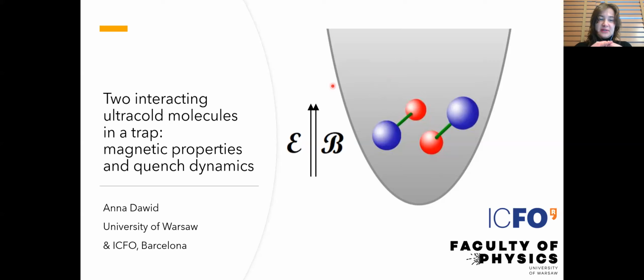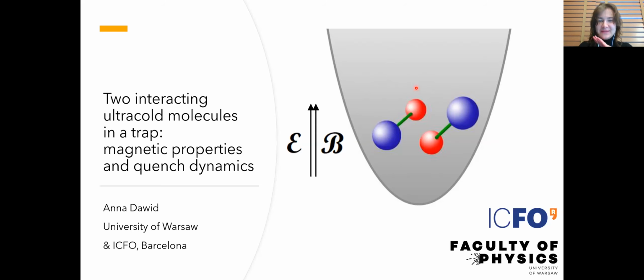It turns out that the answer is pretty complex, and it's a result of the fact that these molecules have a pretty complex internal structure, and also their interactions are not so trivial. And when we add external fields to the picture, it gets even more convoluted.